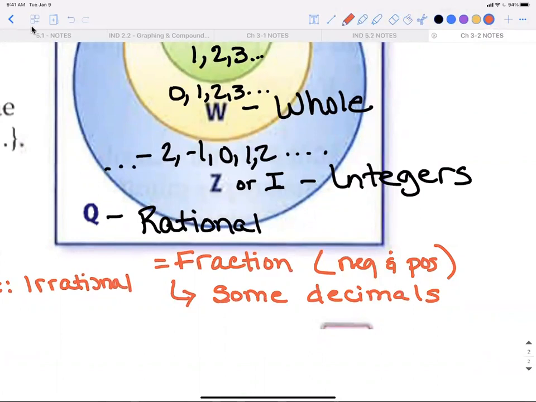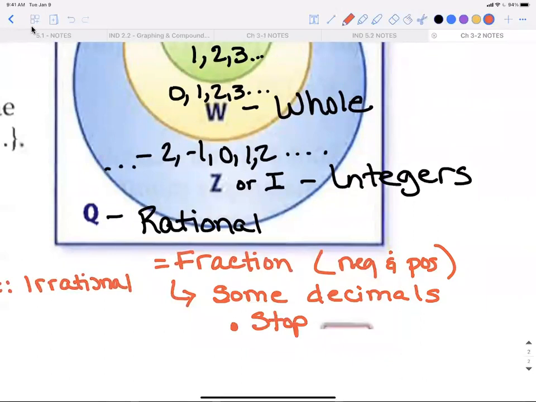So all fractions are included, but if it's in decimal form, not all decimals can be written as a fraction. So that's why all fractions are included in rationals, but not all decimals, just some. And here's why. Some decimals, like the first kind, are the kind that stop. Decimals that just stop.